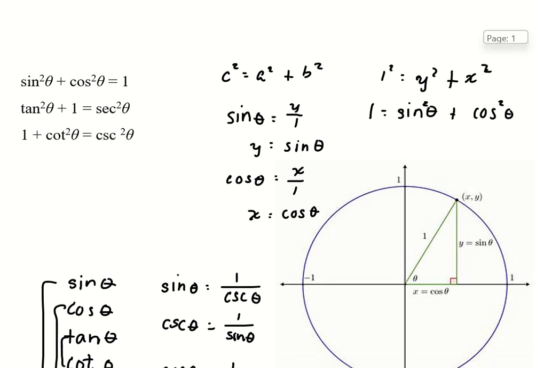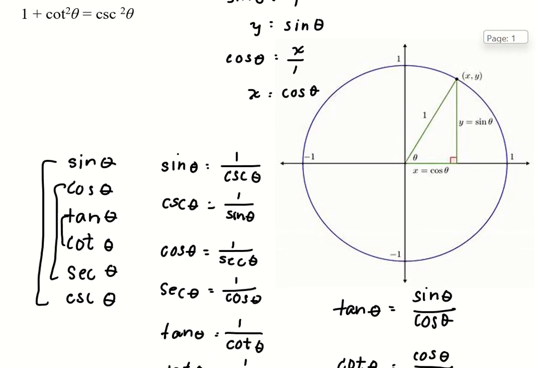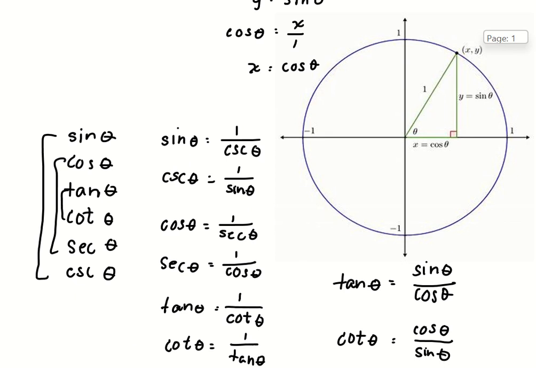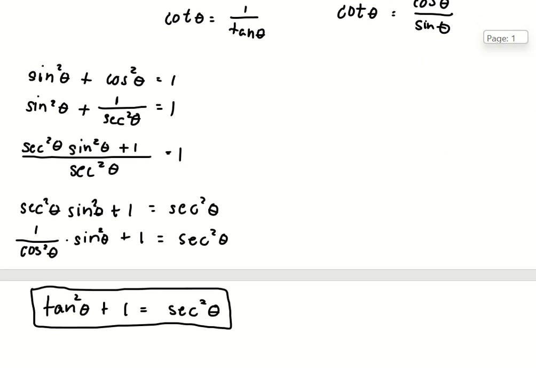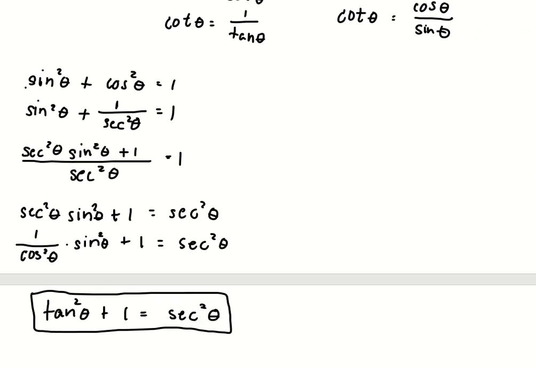Why don't you try? You can pause this video. You do the same process, just like what I did here, based on sine squared theta plus cosine squared theta equals 1. I hope you were able to derive that equation.